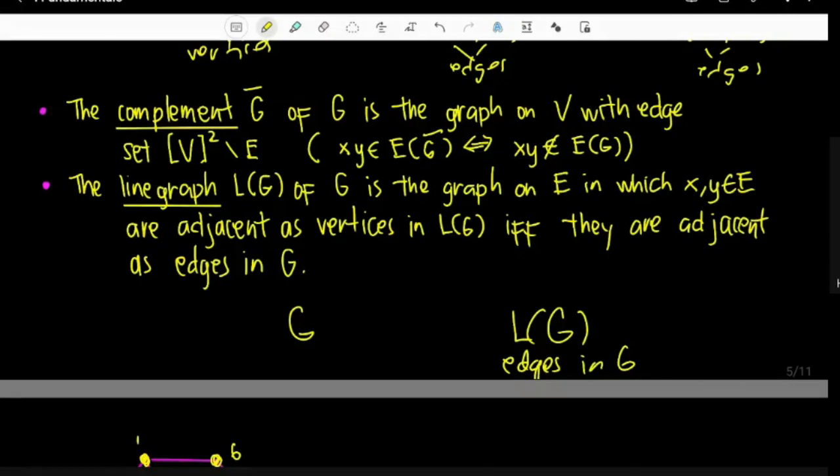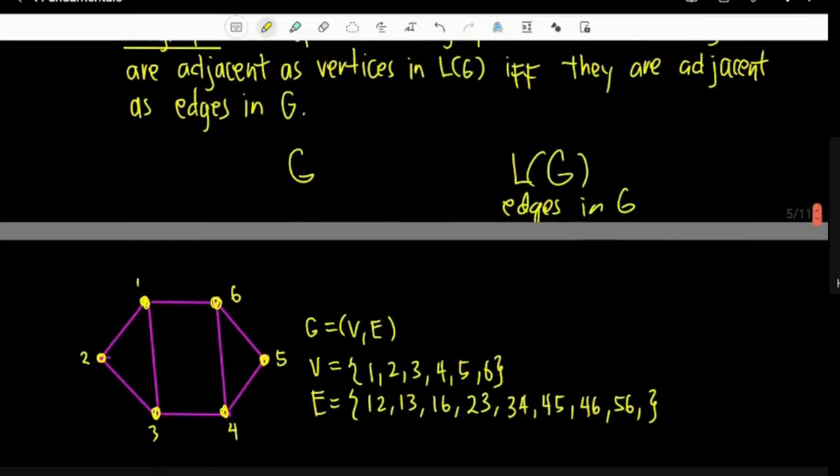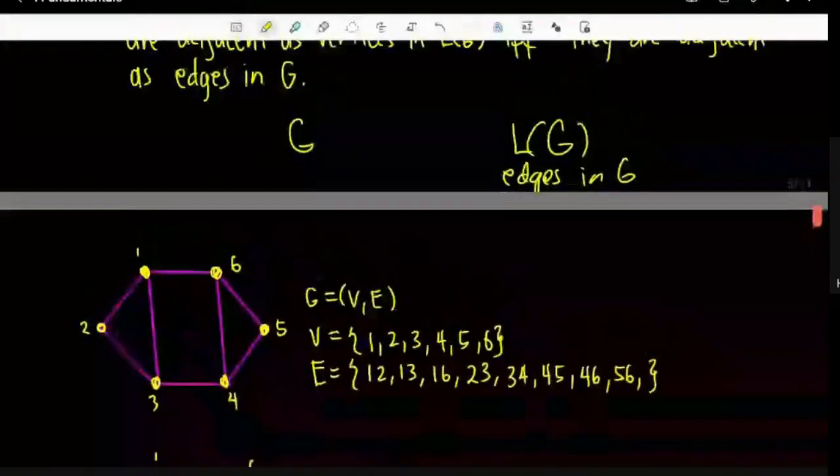So, ibang graph siya na ang mga vertices niya ay mga edges in G. Pag yung dalawang edge ni G ay adjacent, adjacent yung dalawa na yon sa L of G. Okay. Mag-example tayo, para malinaw. Medyo nakakahilo yan pag walang visual representation.